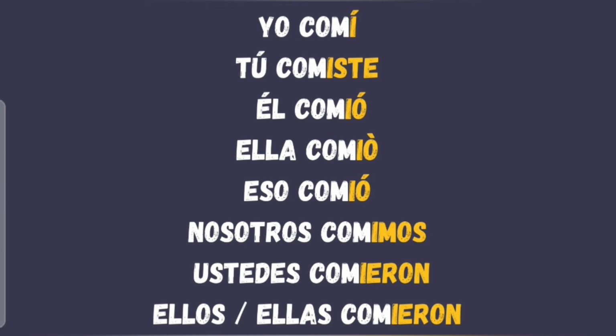As you can see, just look at the endings and remember that perfectly. So when you're having a regular verb ending with er, you have to put this ending: í, iste, ió if you're having third persons, imos, personal pronoun we, nosotros, ieron, in the personal pronouns ustedes or ellos or ellas, okay?